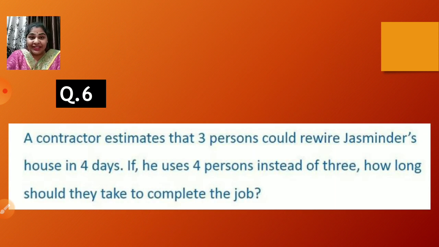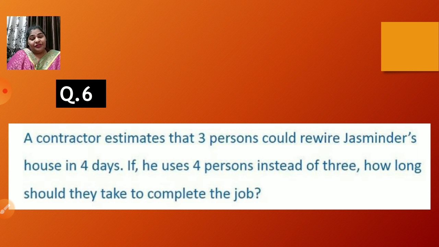Let us proceed to the next one, that is question number 6. A contractor estimates that 3 persons could rewire Jasminder's house in 4 days. If he uses 4 persons instead of 3, how long should they take to complete the job?